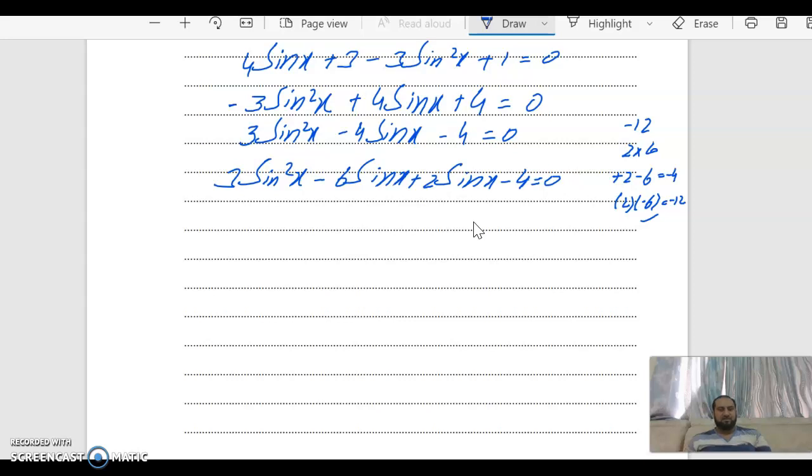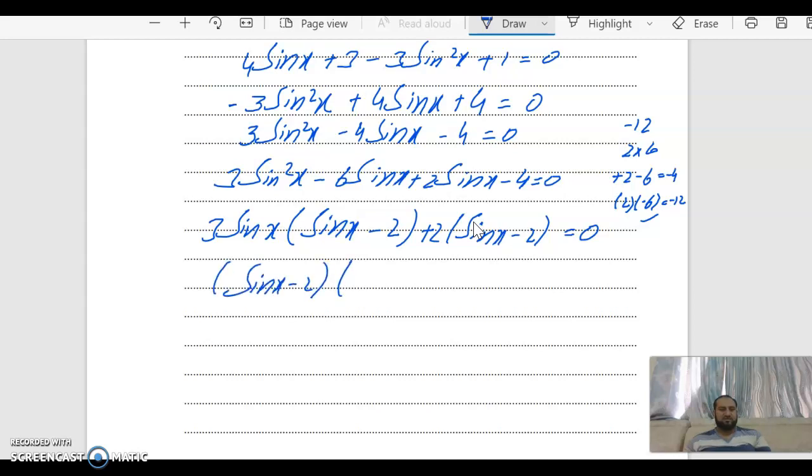Now we can regroup. From the first pair we can take 3 sin x as common, so this will be 3 sin x times (sin x minus 2), plus 2 common, so plus 2 times (sin x minus 2), is equal to 0. Now we can see sin x minus 2 is common in both, so we can bring this out.